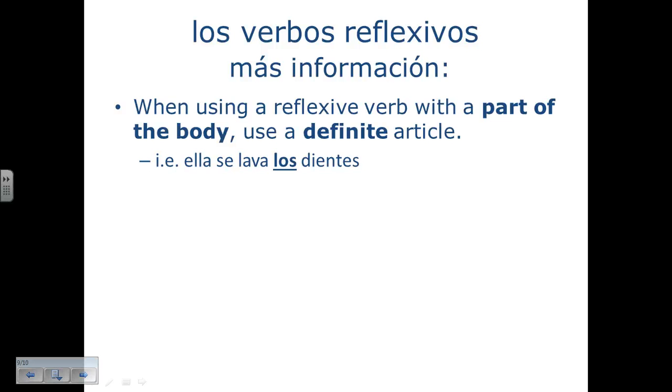But in Spanish, since the verb lavarse is reflexive, which means the person doing the action and receiving the action are the same, it's understood that it's her teeth that she's brushing. So it would be redundant to use the possessive adjective as opposed to the definite article. Make sense? Awesome.